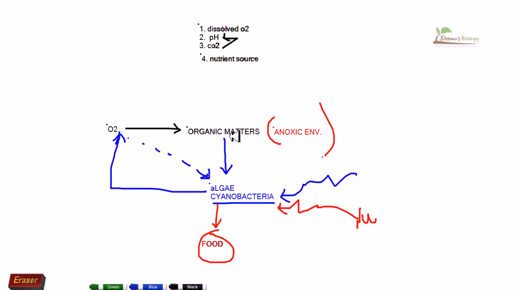Oxygen comes in, and organic materials take up the oxygen. As a result, the BOD will increase, and right after the organic matter's oxygen consumption, the environment turns anoxic. In those situations, to fight this anoxic environment, algae and cyanobacteria come in and take up the organic matter, and they also take up the sunlight, which is the energy source, and the nutrient.